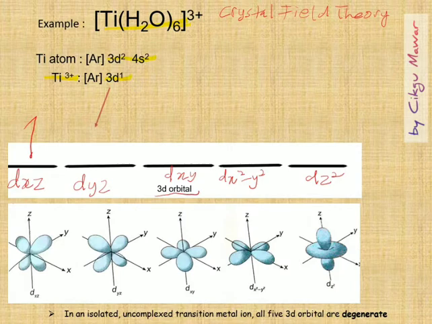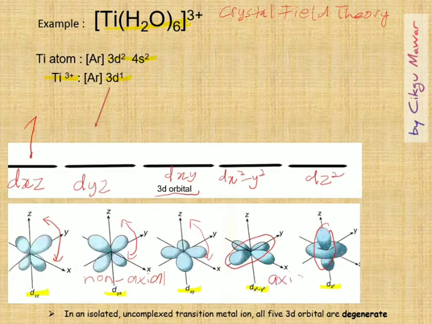The first three orbitals, dxz, dyz and dxy, are located in between the axes, so we call these three non-axial orbitals. The last two, dx2-y2 and dz2, are located on the axes, so we call these two axial orbitals.